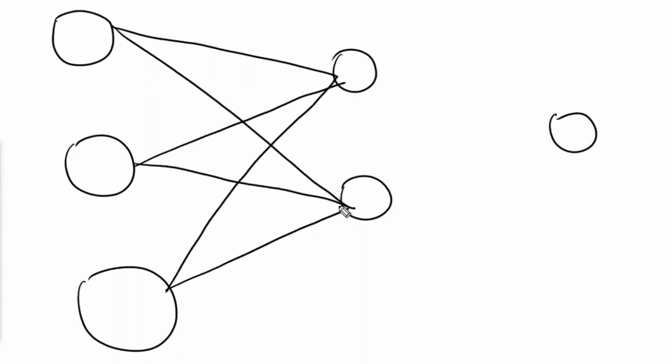Step number 1: connect the input layer and the hidden layer. Step number 2: assign the weights, some values for the connections.